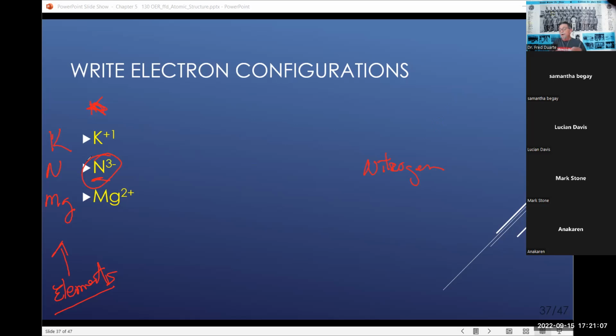Based on what we've been doing as far as naming, we went from chlorine to chloride, oxygen to oxide, sulfur to sulfide. What do you think nitrogen would go name-wise? Anybody want to take a guess at that? You don't have to take a guess. Based on what we've been talking about, you can just extrapolate, and that would be correct.